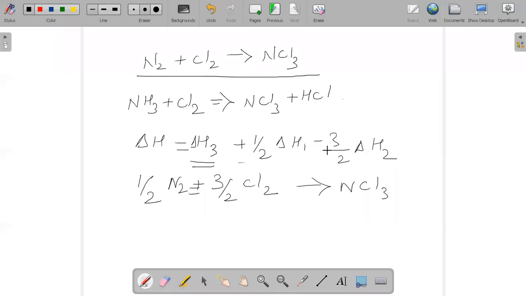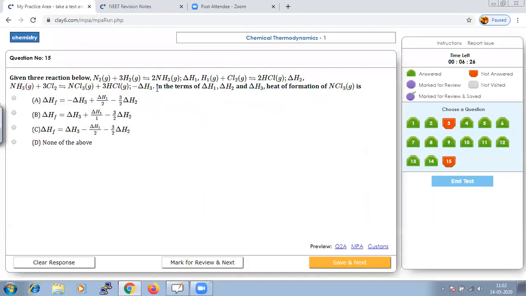So when you substitute the values given for delta H1 and the others, you will get the answer. So delta H of formation is equal to delta H3 plus delta H1 by 2 minus 3 by 2 delta H2. I'm just saying in this reaction we need to substitute the value. Here N2 plus 3H2 gives 2NH3, it is delta H1, so we have to divide by 2.